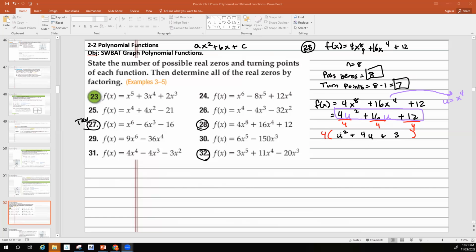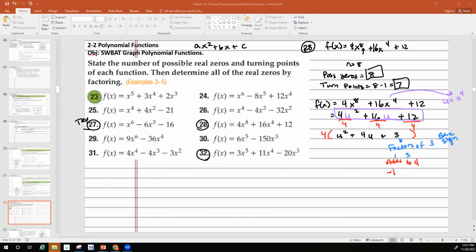Since our lead coefficient is 1, you don't need factors of a times c to add up to b, just factors of c. Factors of 3 are just 1 and 3. And here, because that's positive, same sign. So that means you're going to add to 4.